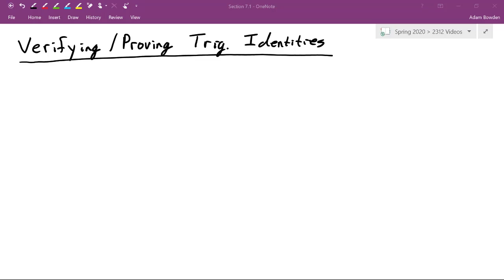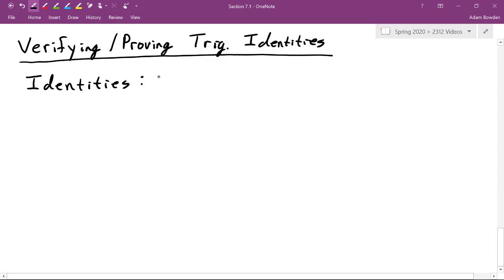And so when we can see that two trig expressions are the same in some way, then we know that they're actually equal to each other, and we have something that's called an identity. The key thing to keep in mind about an identity is that it looks like an equation. It's going to have an equal symbol, but we're not solving.